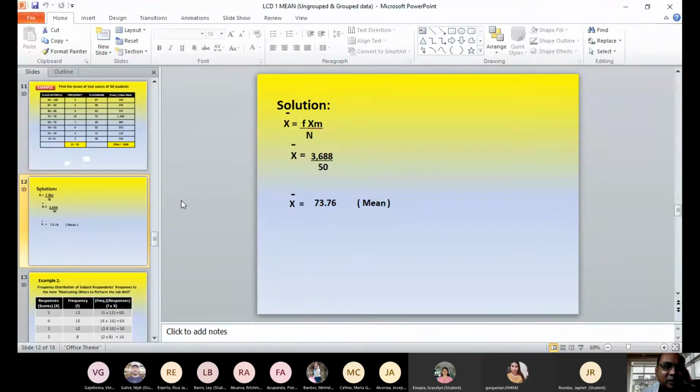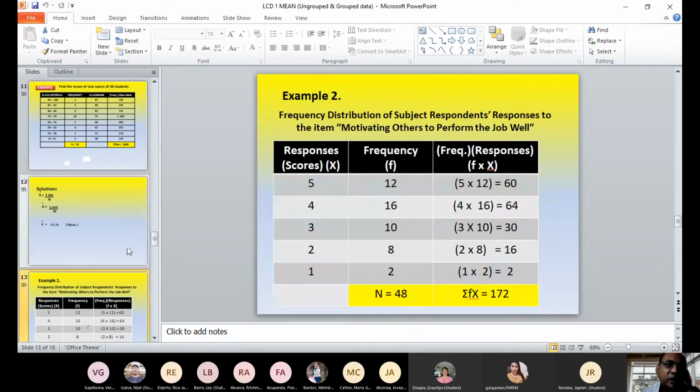Okay. Now, this one is our result for the mean. So meaning to say, by using our formula. Now, and what if this problem, number 2? So frequency distribution of subject respondents responses to the item motivating others to perform the job well.